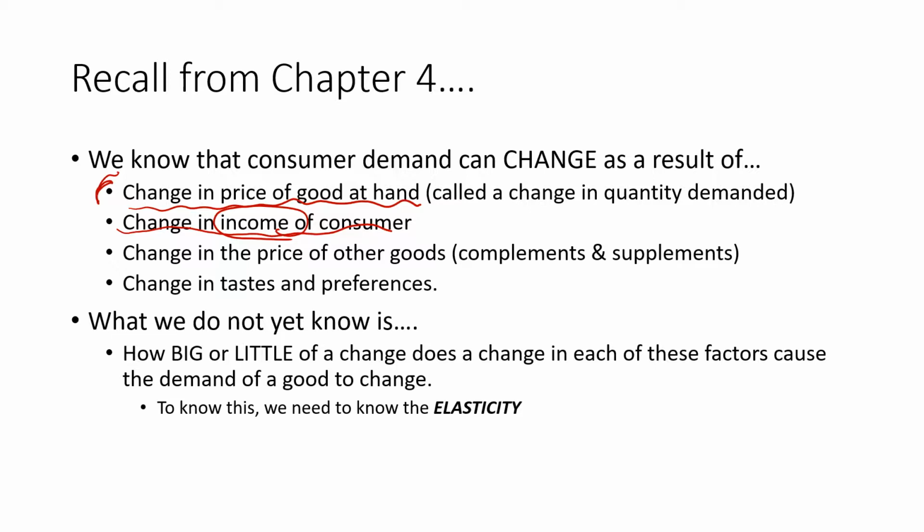likely increase. And consumer demand can also change if the price of other goods, complements or, sorry, this should say substitutes, changes. So those were the examples with Coke and Pepsi. Coke and Pepsi are considered substitutes.